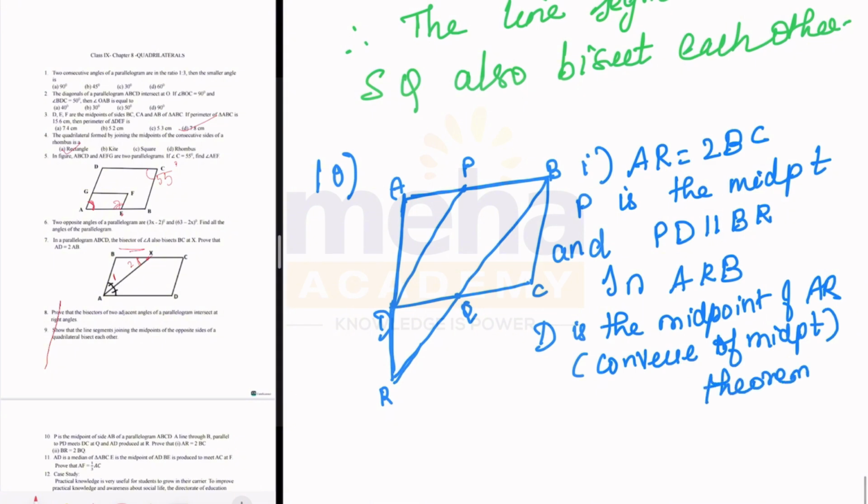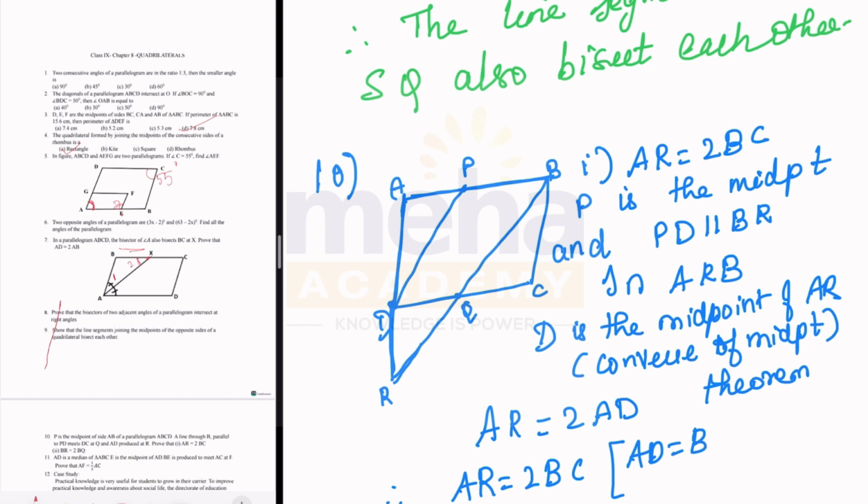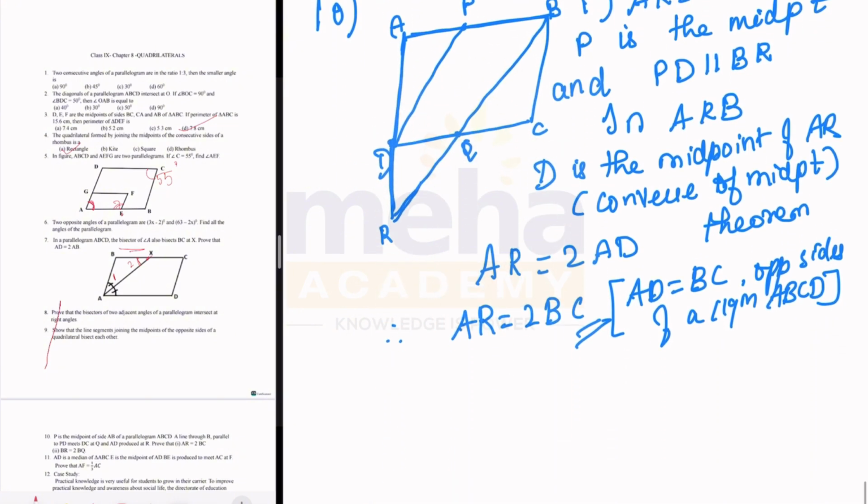If D is the midpoint, we know that AR is equal to 2AD. So I can also say AR is equal to 2BC, because AD is equal to BC, as opposite sides of a parallelogram ABCD are equal. Hence proved. The first part is proved: AR is equal to 2BC.